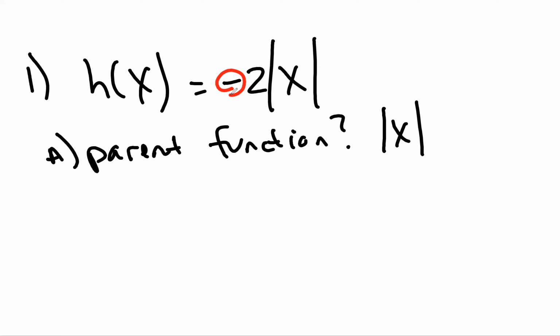In your mind, you need to start conjuring up, generally speaking, this guy's the V, right? But because of this negative sign, it's going to be opening downward.